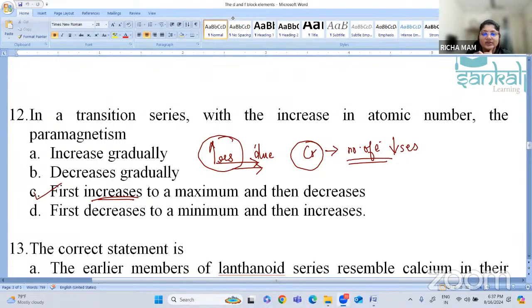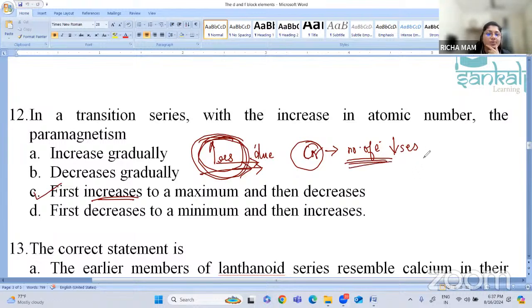Whoever has answered C, C is correct. In the transition series, with the increase in atomic number, it first increases to a maximum because the number of unpaired electrons is more. As you proceed from left to right, after chromium, the number of unpaired electrons decreases.